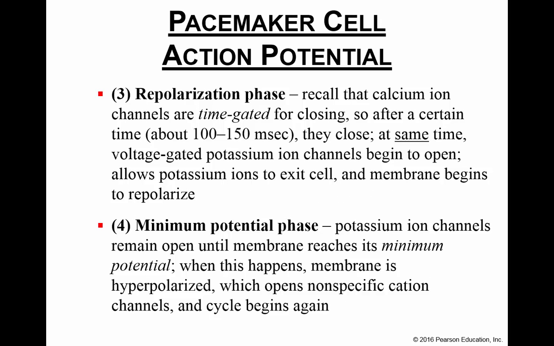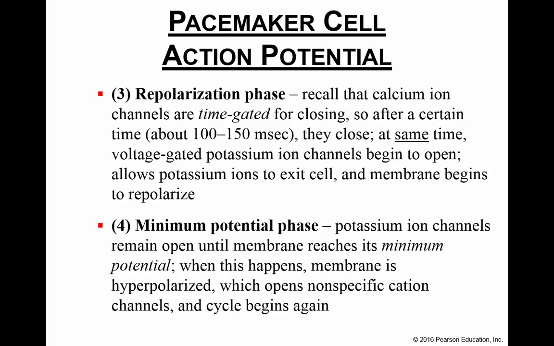Then the repolarization, remember our calcium ion channels, they close at a specific time, regardless of whether they are ready to close or not. They close, and when they close at the very same time, the voltage-gated potassium ion channels start opening, and potassium starts leaving the cell, and so the membrane begins to repolarize.